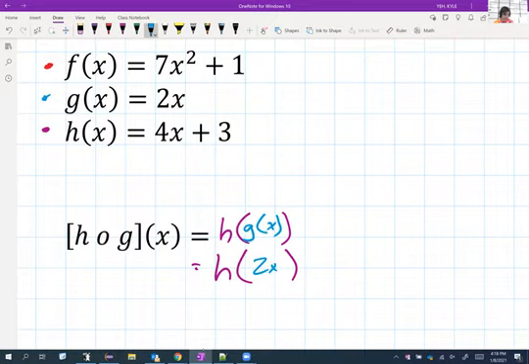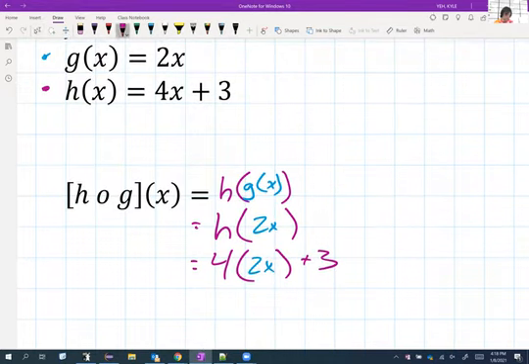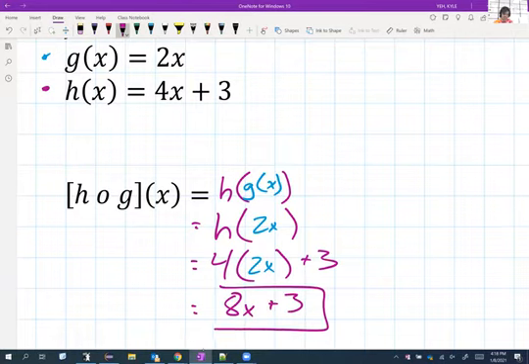H of 2x. So I need to plug that into my h function. 4 times whatever I'm plugging in plus 3, I'm plugging in 2x. So h of g of x looks like it'll be 8x plus 3. We're replacing that placeholder x in our h function with g of x, that function.